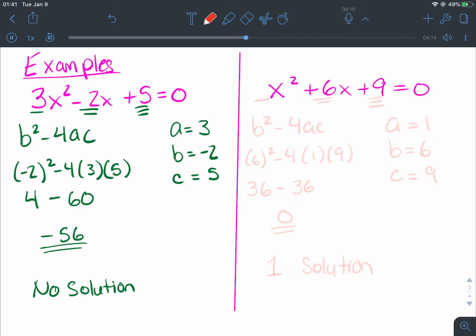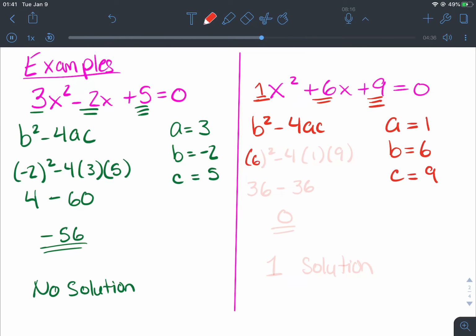The next problem. Again, we know the formula is b squared minus 4ac. A is what comes before the x. There is no number, so we know it's 1. B comes next in front of the x, and c is the number all by itself. So we plug those values into our formula.